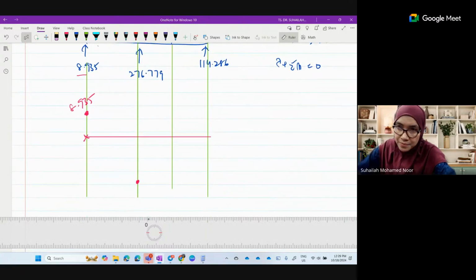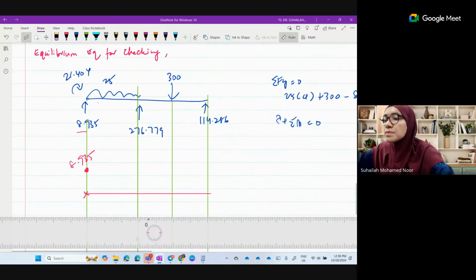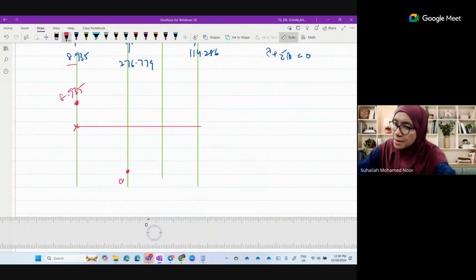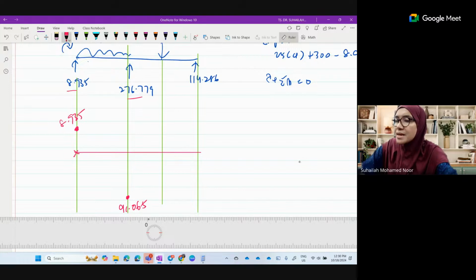Apa nilai dia? 8.935 tolak 100, negatif 91.065. Okay, plus dengan ni 276.779.